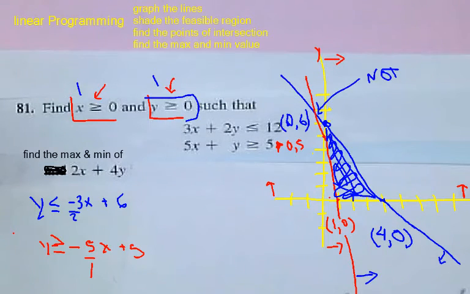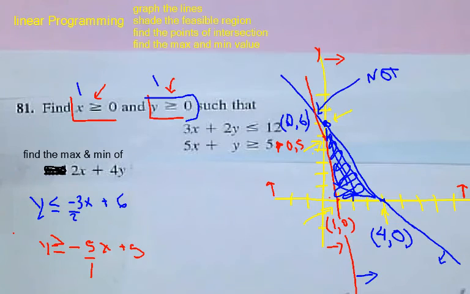So what do we got here? There's actually 4 points of intersection. I've got this point right here, which is 0, 6, this point right here, which is 0, 5, this point right here, which is 1, 0, and this point right here, which is 4, 0.